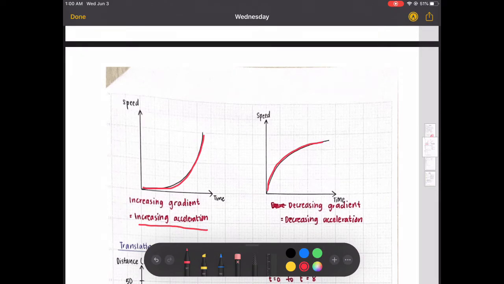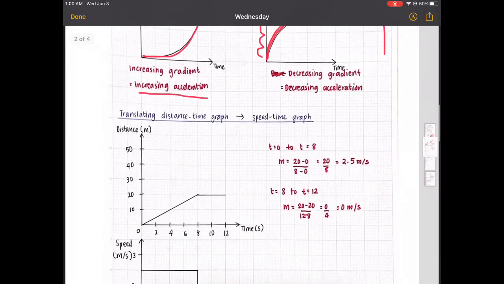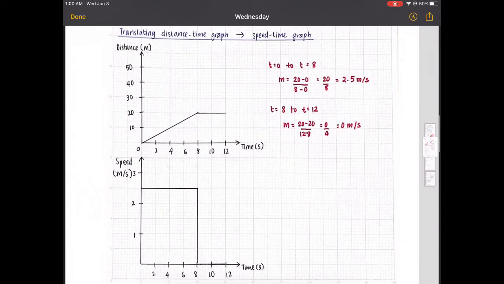The difference between decreasing acceleration and deceleration: for deceleration you will have a downward slope, which means you're slowing down, you're braking. But if you have a decreasing acceleration, it means that you're still speeding up but at a different rate. So you are speeding up faster here and you are speeding up at a slower rate here. For example, you're speeding up every 20 meters per second here, but here you're just speeding up every 5 meters per second.